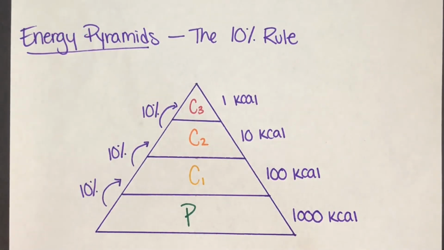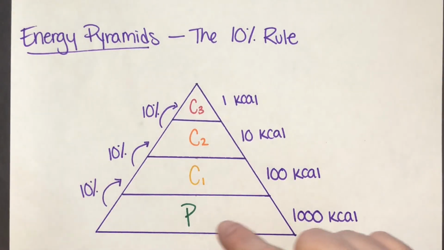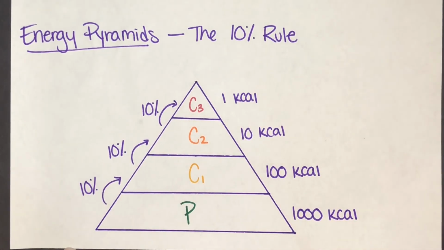Energy pyramids are the last type of model I'm going to be talking about in this video. Where food chains and food webs show the path energy takes through an ecosystem, energy pyramids show the total available energy in an ecosystem. Each trophic level uses about 90% of the available energy it receives for growing and functioning, which leaves about 10% stored in the organism to pass on to the next.